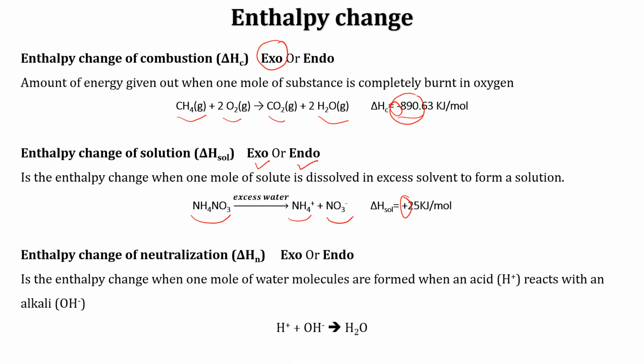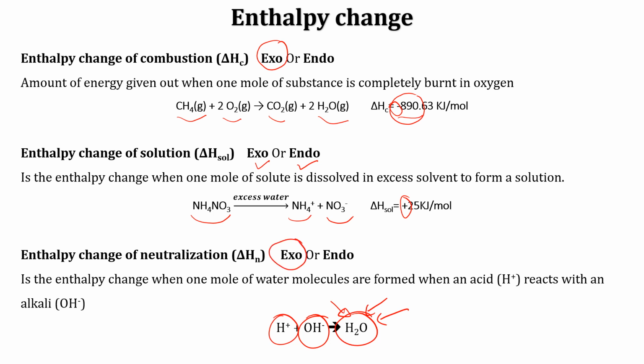As you can see here, H positive plus OH negative produces water, and we'll care a lot about the water produced when we speak about how to calculate delta H for neutralization. Is it exothermic or endothermic? It is always exothermic.